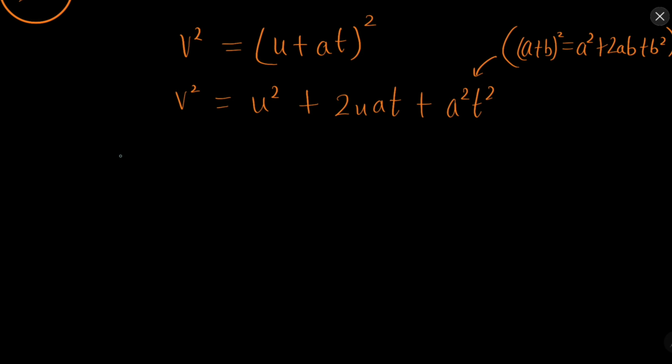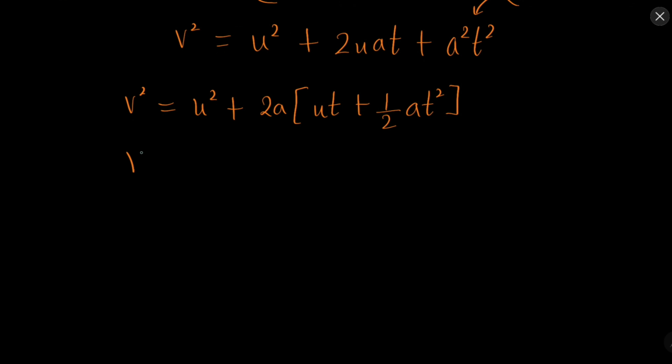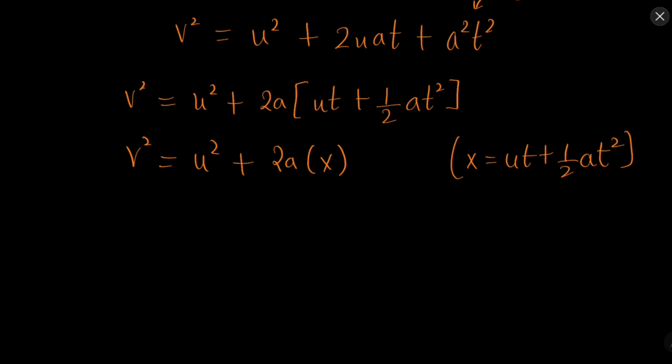Okay, so now what I get is v square equal to u square plus, let's take 2a common, ut plus half at square. Now what is ut plus half at square? It is x from equation 2. From equation 2, x is equal to ut plus half at square.